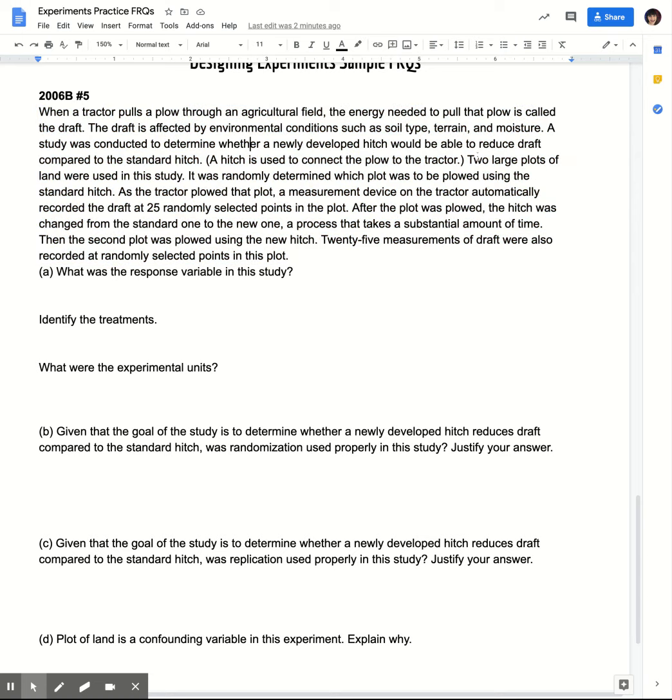Okay, so they're saying that they have designed a study to determine which type of hitch, which is like an attachment, a tool that people use when they plow, would be able to reduce draft compared to the standard hitch.